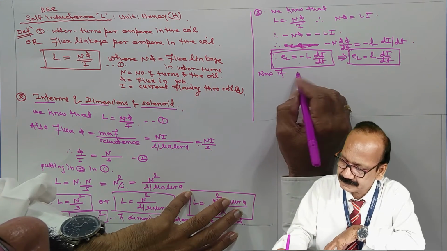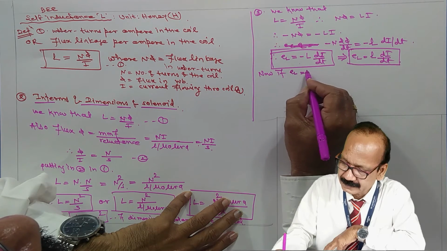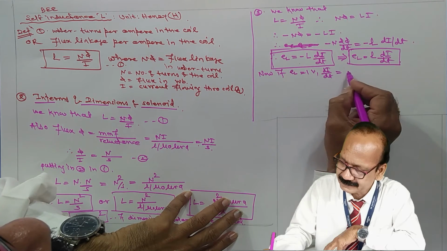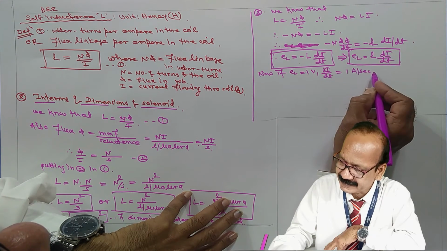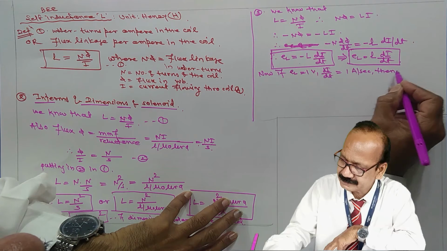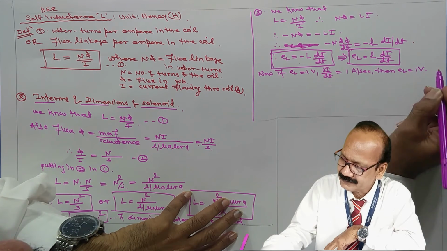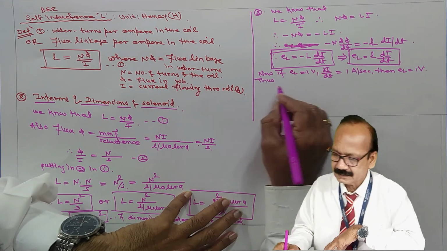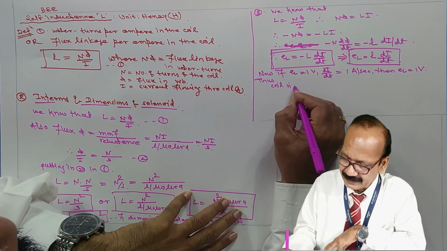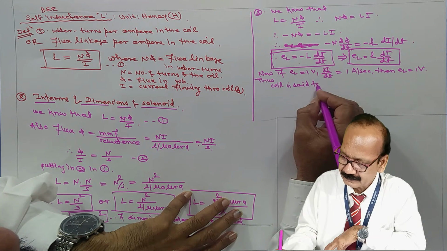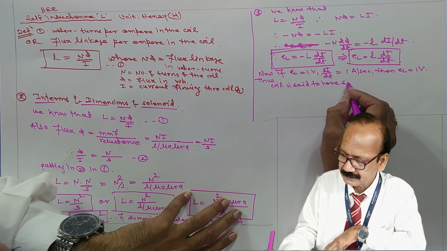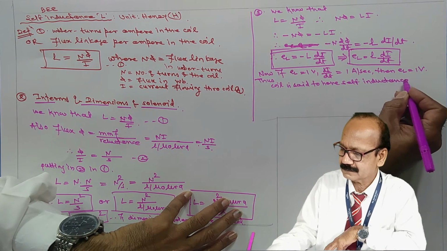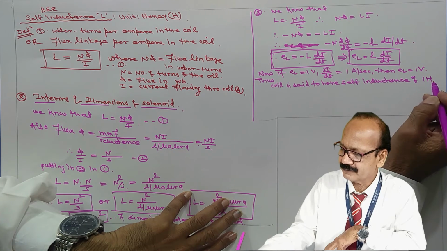If E L equal to 1 volt and di by dt equal to 1 ampere per second, then L equal to 1 Henry.